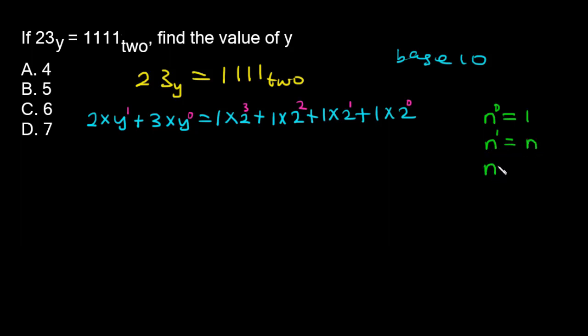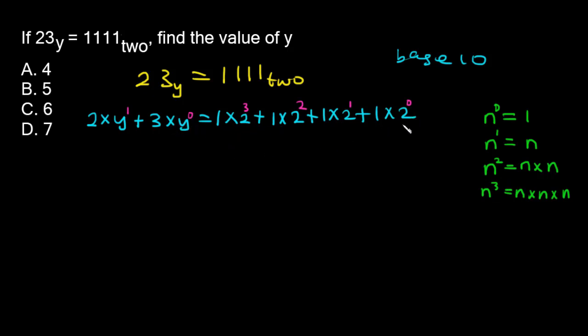If the number is raised to power 2, it will be n times n. If it is n raised to power 3, it will be n times n times n. So the power shows the number of times you multiply the number. So let us now apply that to this question.